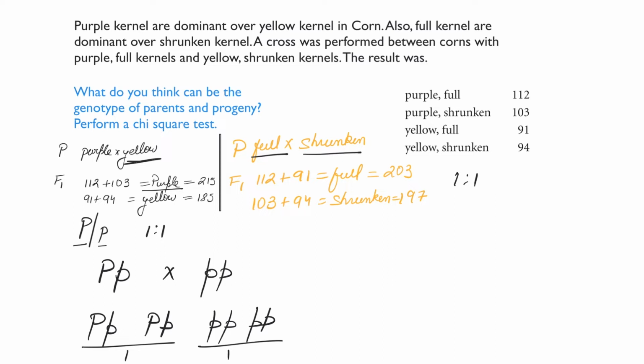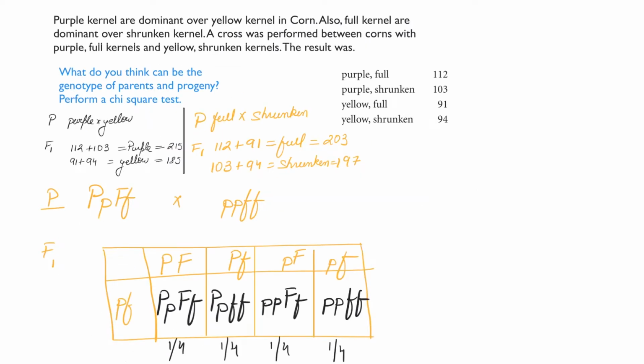Now let's talk about the full and shrunken. Again, the same 1:1 ratio is there. So again, you can imagine that perhaps one of the parents is heterozygous and one of the parents is homozygous, right? Now what I've done is I have combined. So big P, small p, small p, small p, big F, small f, small f, small f.